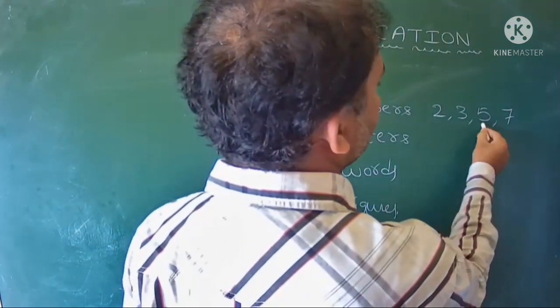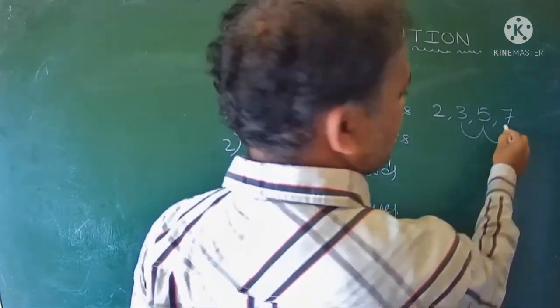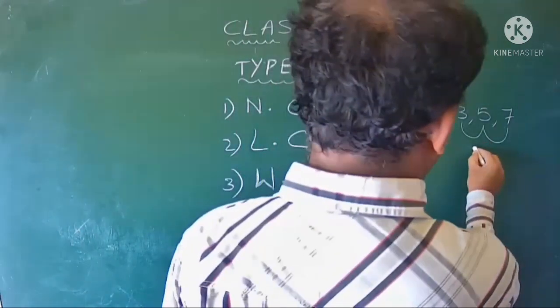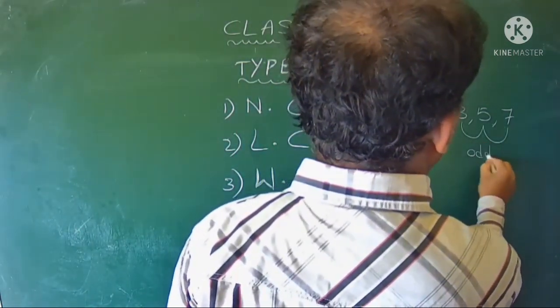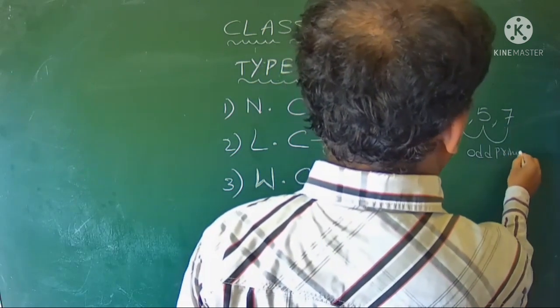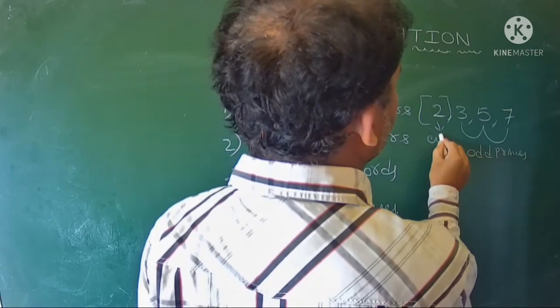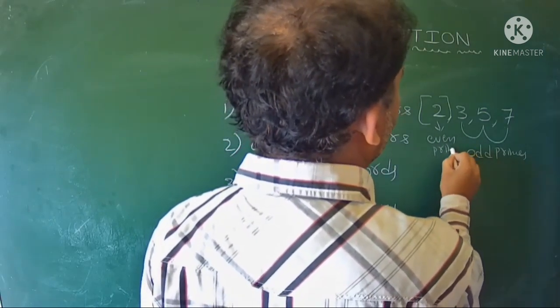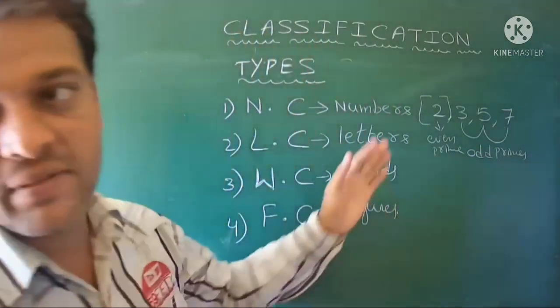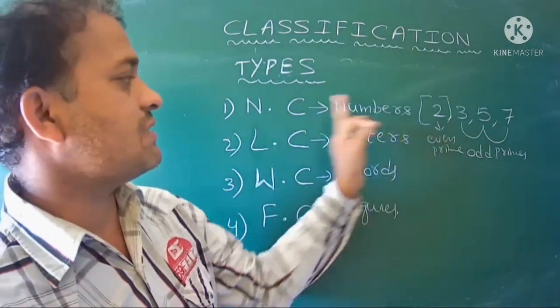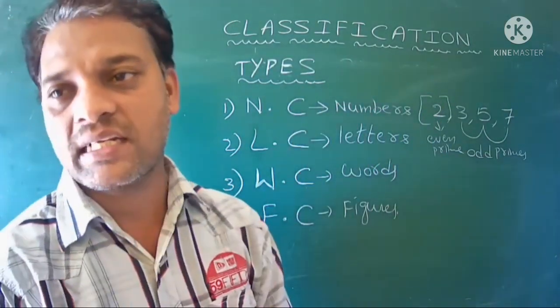Here 3, 5, 7 are called odd primes, and 2 is the only even prime. So the odd one out is 2. That is an example of number classification, where numbers are involved in the particular classification.